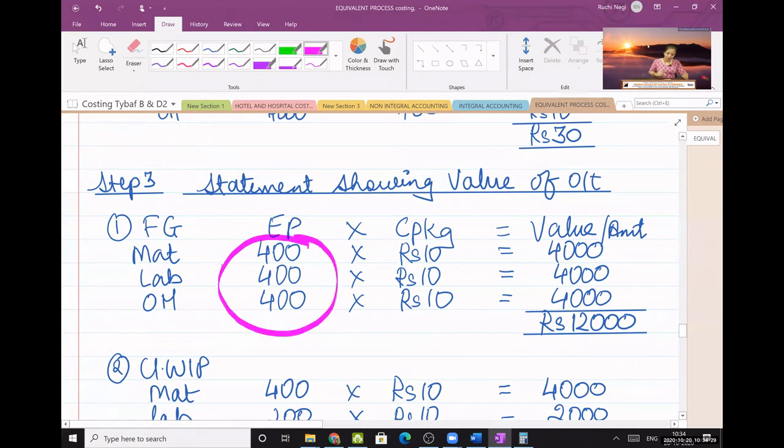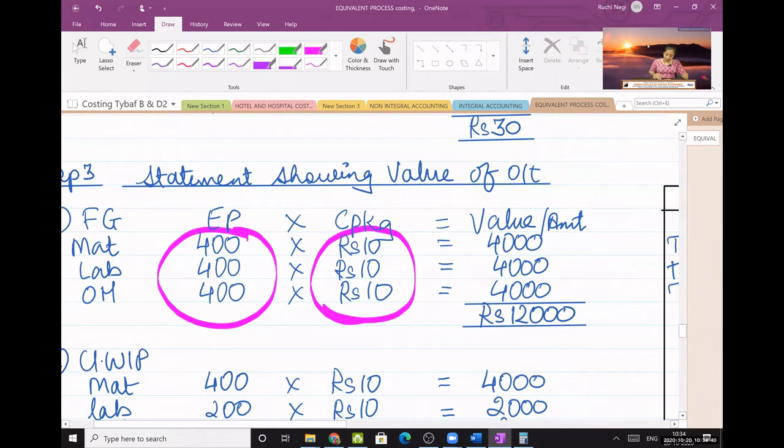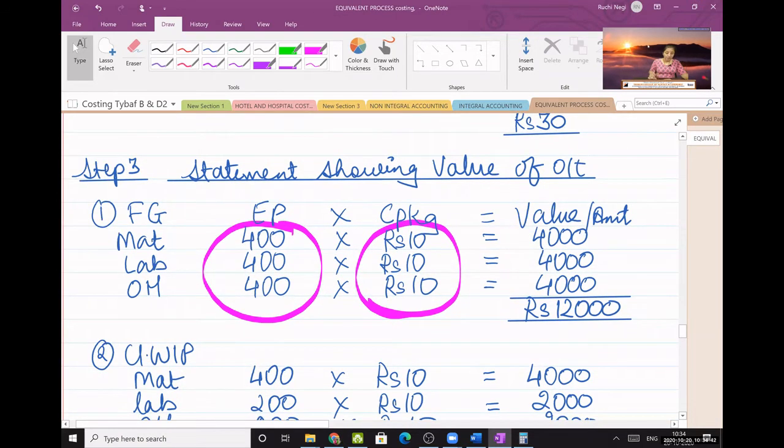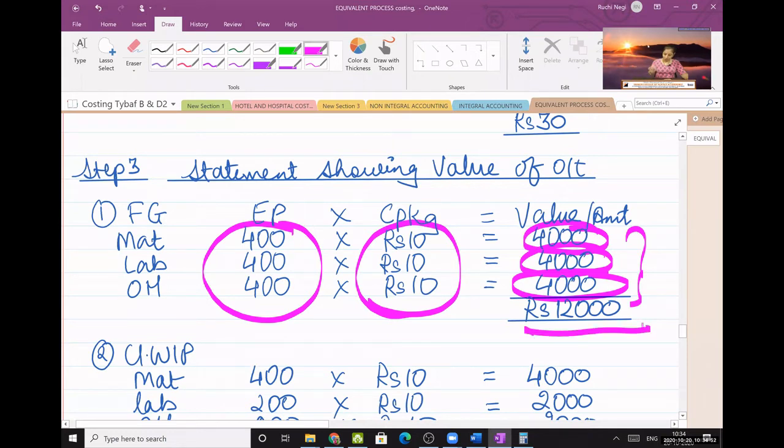Then multiply it with the rate 10, 10, 10. So 400 into 10 is 4,000, 4,000, 4,000 each. Total it, 4 threes are 12, so my total is 12,000.